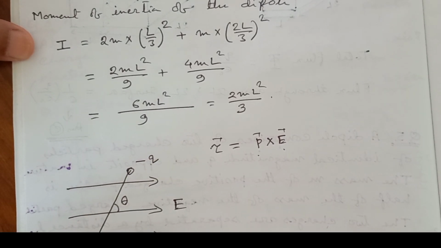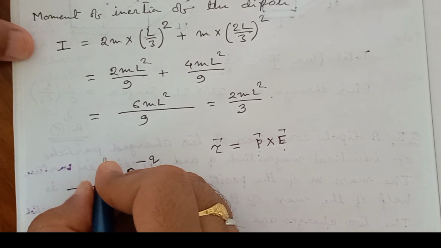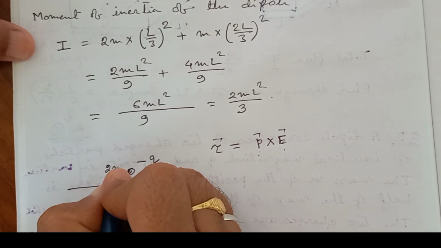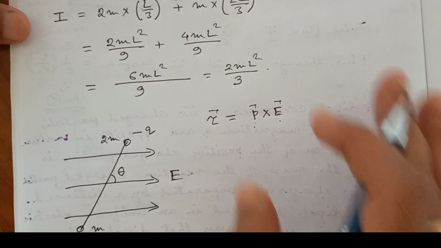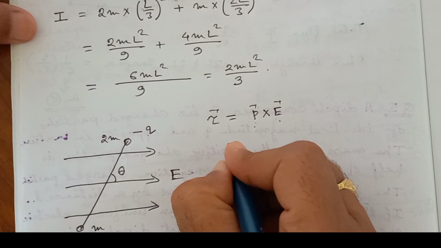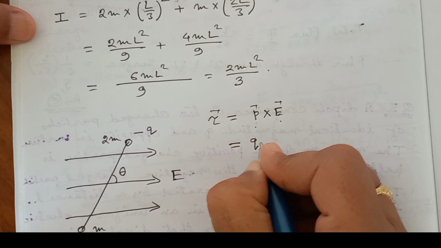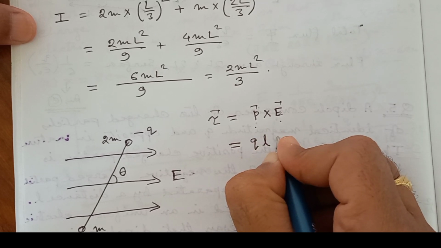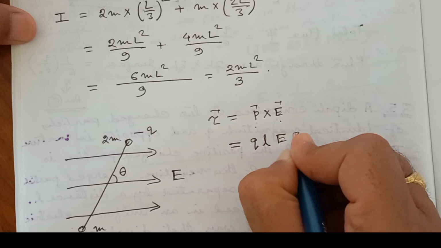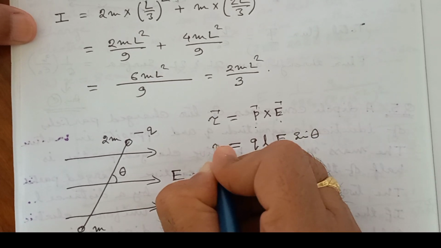The mass of the positive charge is m, the mass of the negative charge is 2m. So the torque will be q into L into E sine theta.